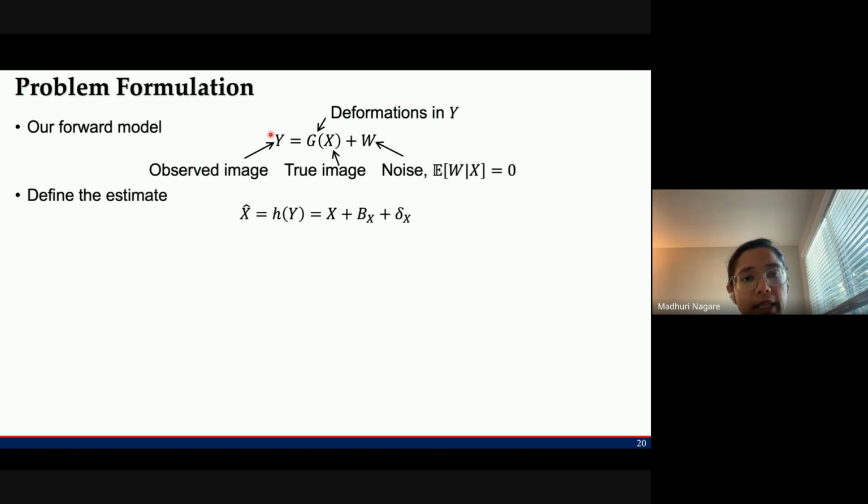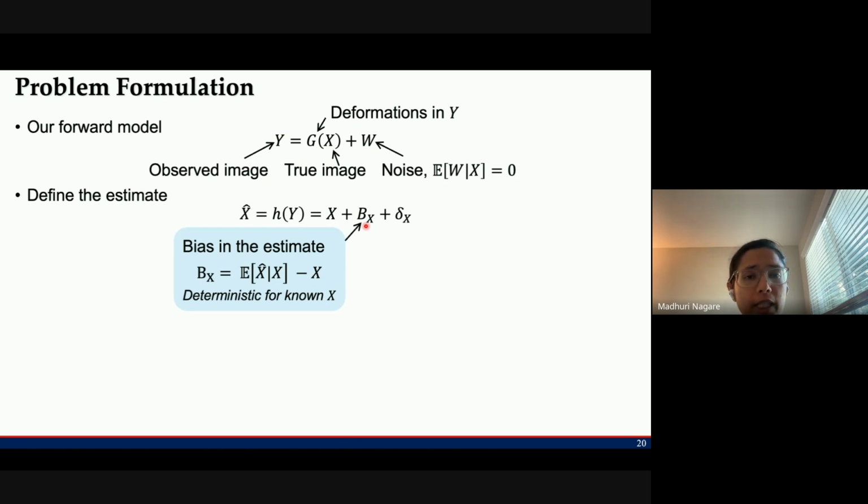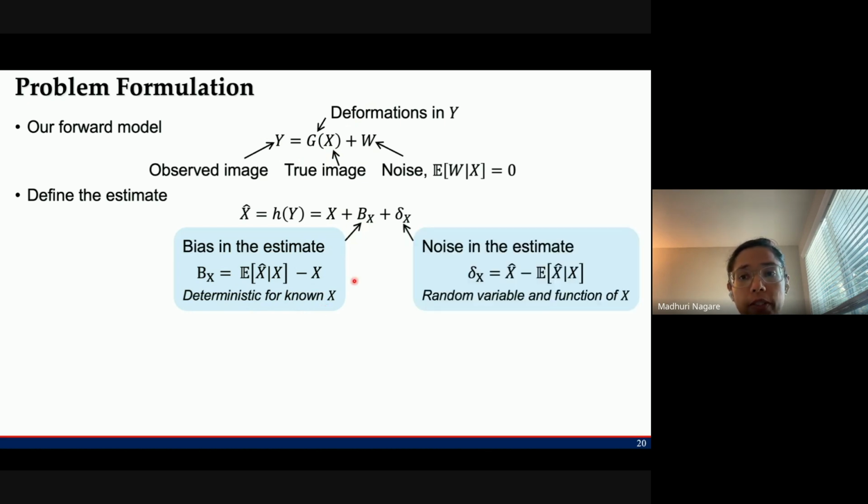Then our estimate is X hat, which is a function of Y, the observed image, and has three components. The three components are the true image X, then B of X, which is the bias in the estimate, which is deterministic if we know X, and then delta of X, the noise in the estimate, which is X hat minus the conditional expectation of X hat. So this delta X is a random variable and it is a function of X.